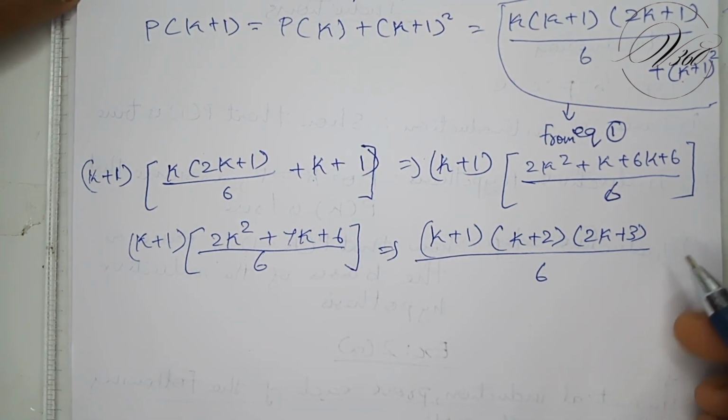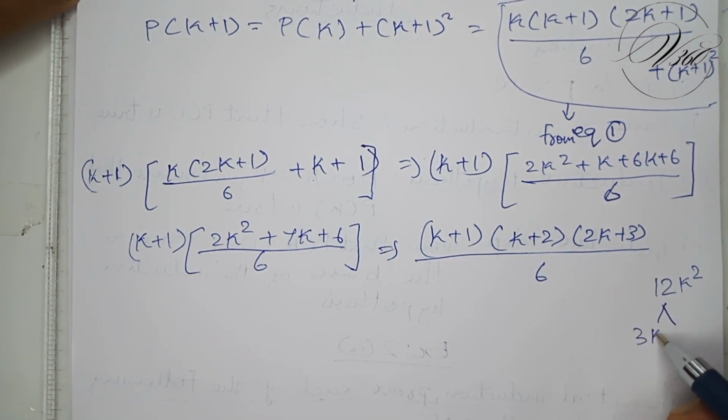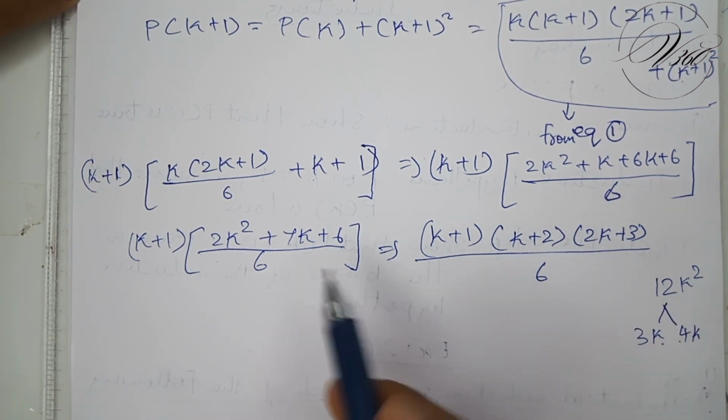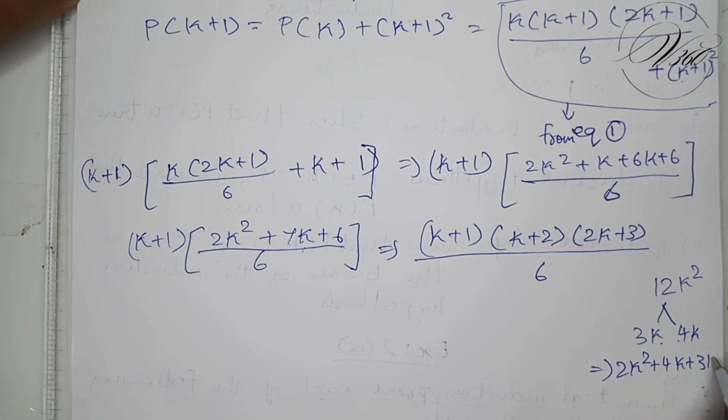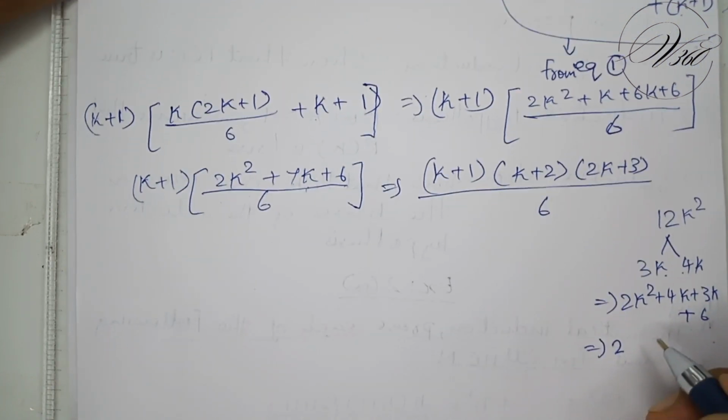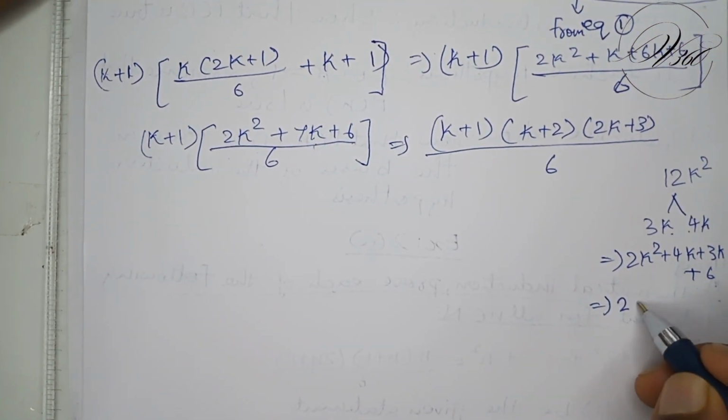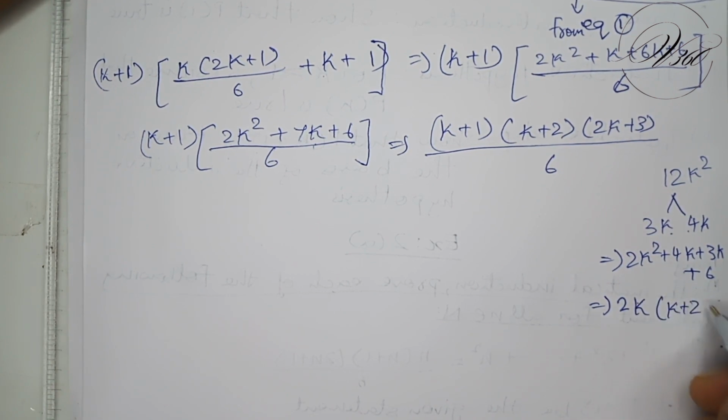To factorize this part, I have done here like this: 2k square, and we separate 3k, 4k. If we multiply, 12k square, if we add, 7k. Now we will get 2k square plus 4k plus 3k plus 6, and the next one will get 2k(k plus 2) plus 3(k plus 2).